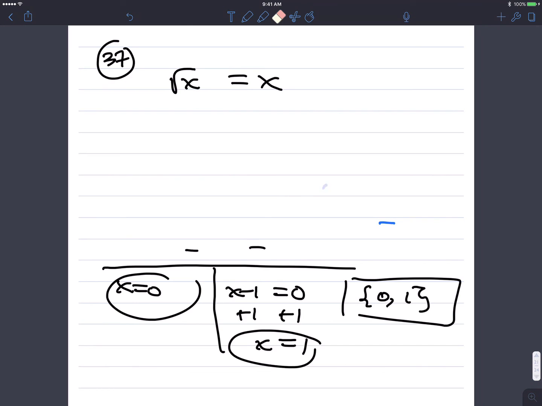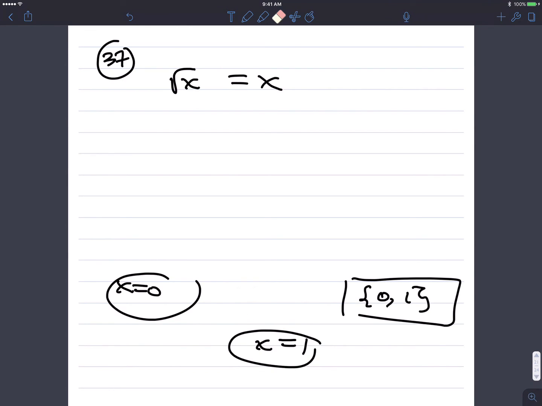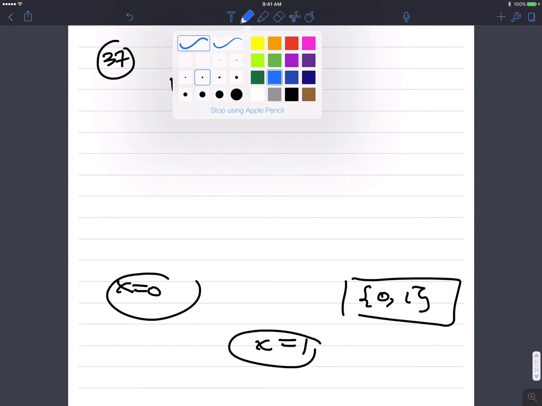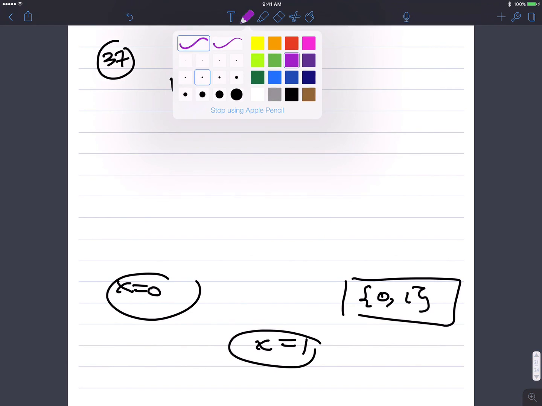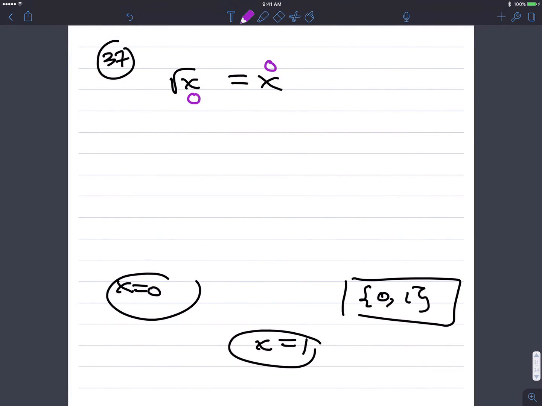Okay? Let's check. What does it mean to be a solution? It means if I plug back these values, I get a true statement. So let's plug back. X is 0. Let's change the color. Does this give me a true statement? Square root of 0 is 0, or 0 equals 0. That's a true statement.